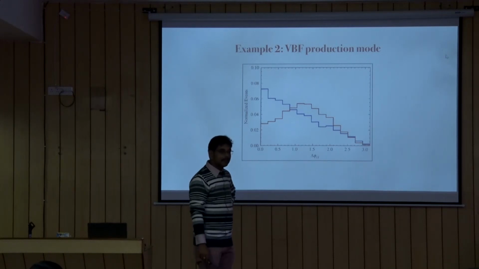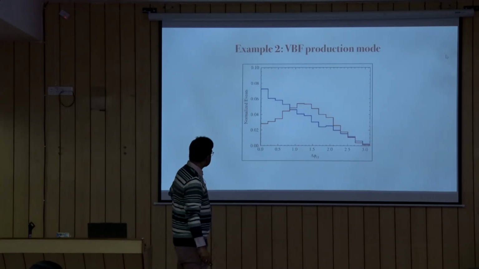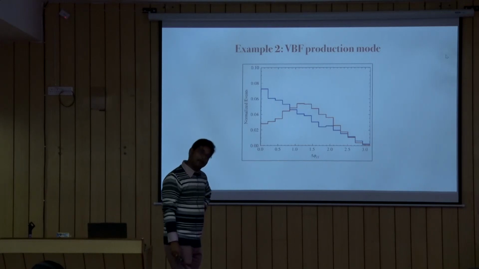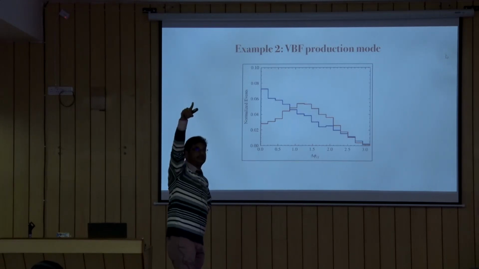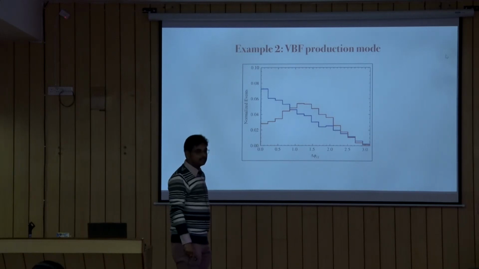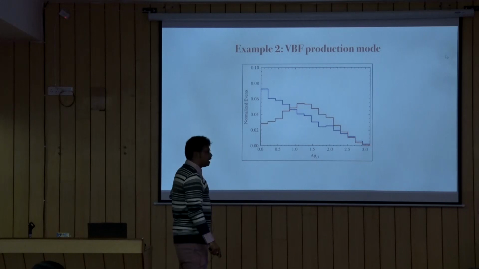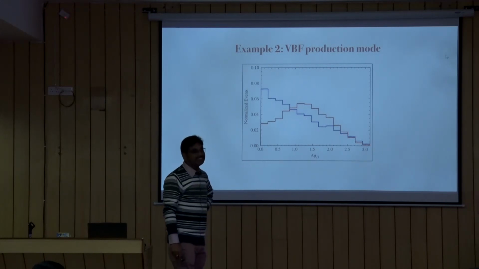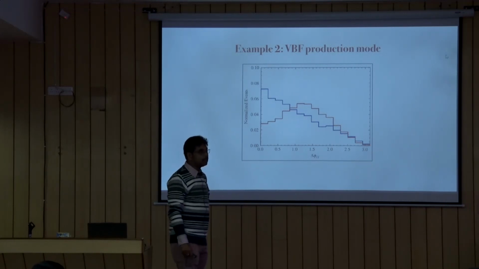If your delta phi goes from minus pi to plus pi, it will be symmetrically peaking at 0, at minus pi and at plus pi. And there will be no events around pi by 2. There is a delta phi jj contribution.